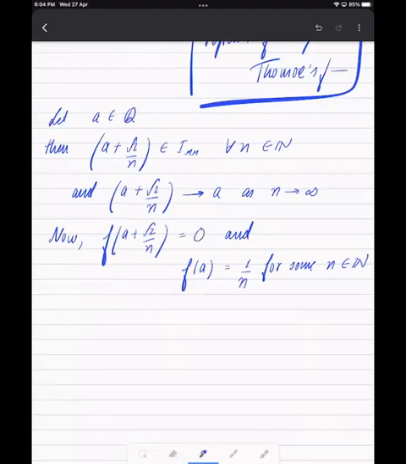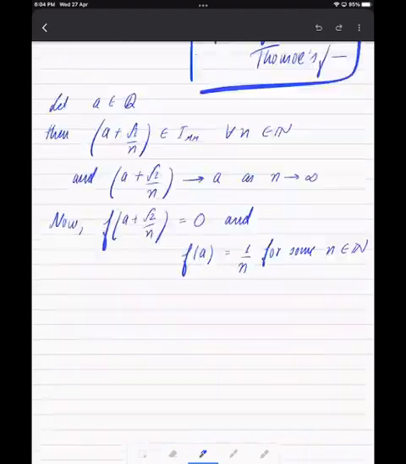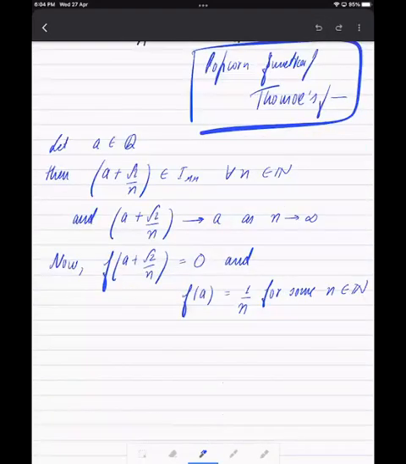For an irrational, it is 0, no? So here, this sequence should converge to this, and that would never happen because every term of the sequence is 0. A sequence of 0 converges to 0. It can never be equal to 1 by n. f of A plus root 2 by n is actually 0.